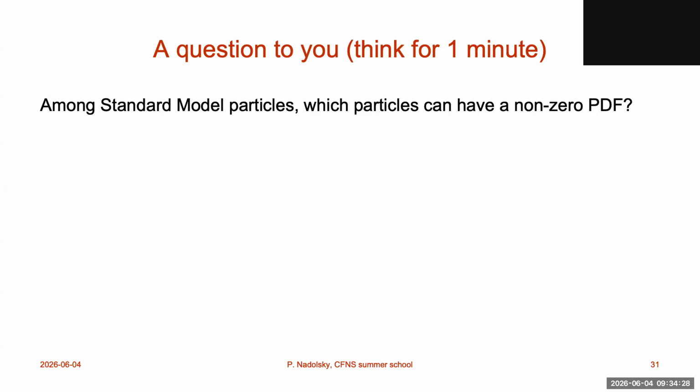If the hard scale is of the order of the mass, you will say that this particle just sits in the hard cross section. If the scale is much larger than the mass, this means there can be a log of the hard scale, very high resolution scale divided by the mass, and this can produce a log that can be resummed in the PDFs. So therefore, you can introduce the top quark PDF, but typically you will do it for, let's say, very, very high energy colliders. But even for the LHC, this is typically not necessary, right?